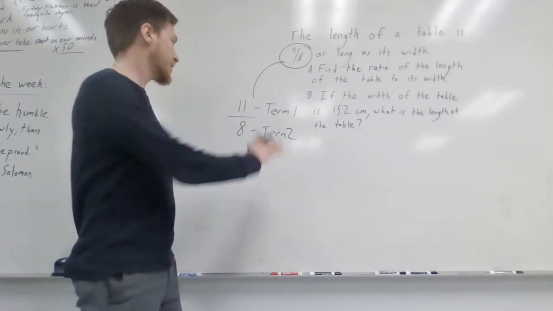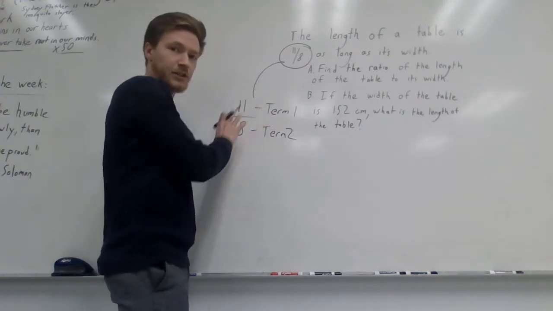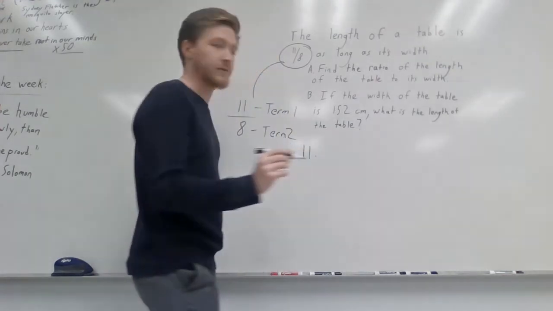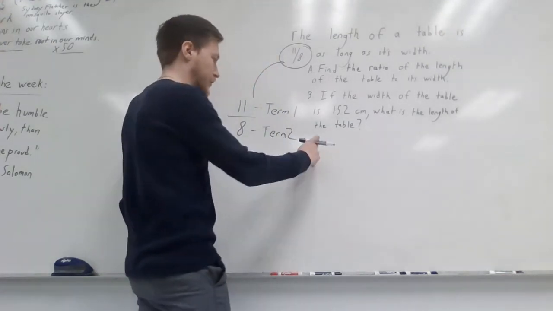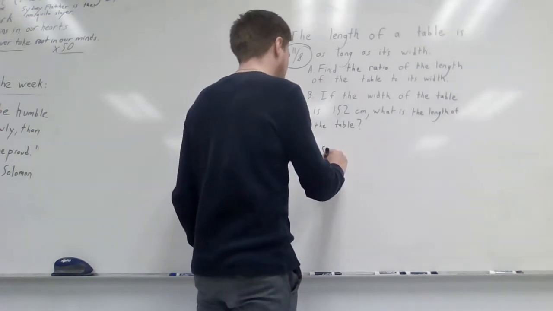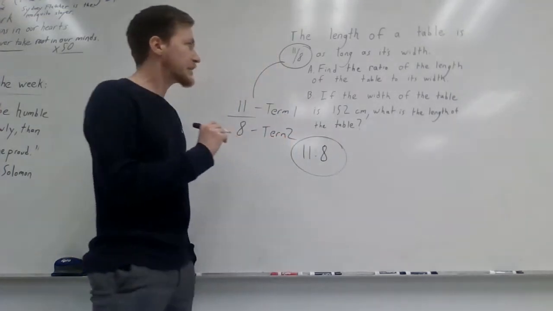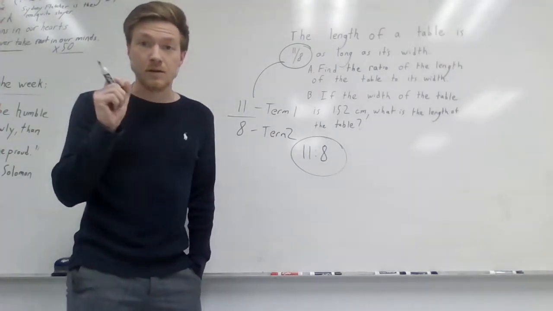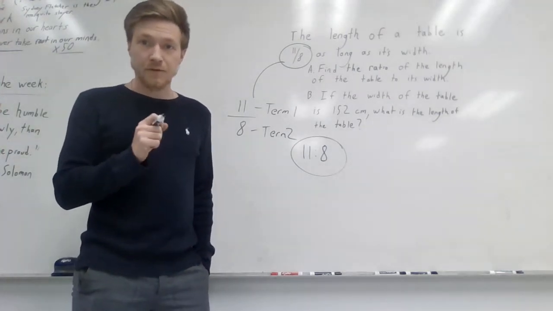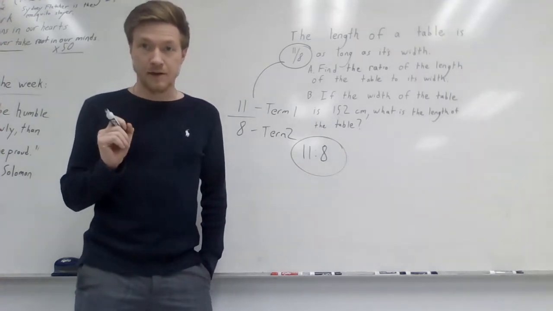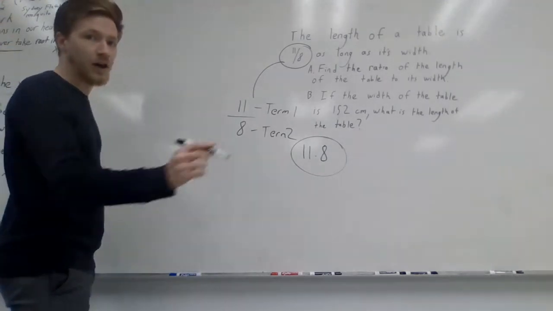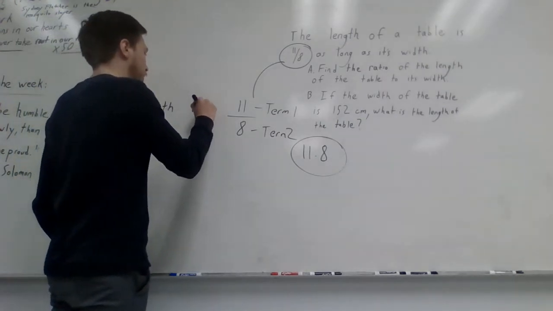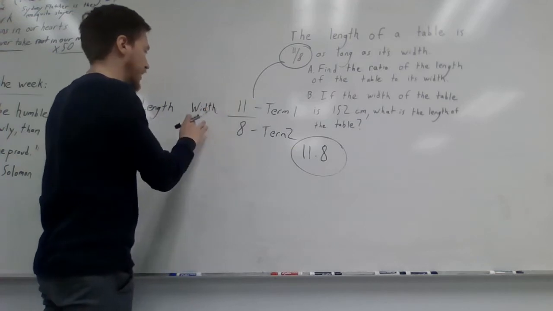And so if I were to take this ratio or fraction and flip it to make it a ratio, term 1 comes first, which gives us 11. We have our colon here, and then we've got 8, giving us a ratio of the length of the table to the width. Now, important to note, when you have a ratio, the order matters. This means that off to the side, I'm going to want to make sure to have my terms clearly defined.